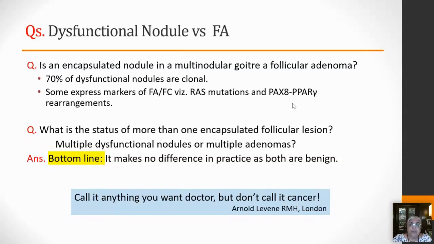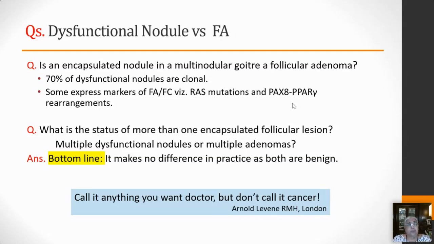So when something looks like a dysfunctional nodule, it doesn't have a capsule, etc., sometimes you can see that this is clonal, and other times you may have something that is encapsulated and may not show clonality or these mutations. So I think that we are really making a mountain out of a molehill.